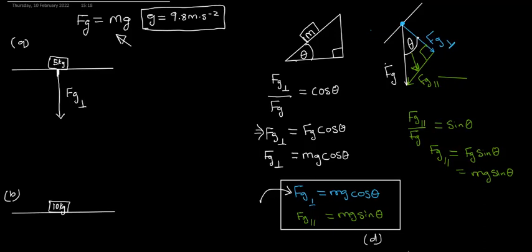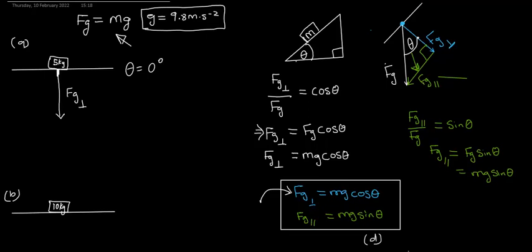Now, if we have that, we need to say, okay, what is the angle of incline? What is theta for that? It's a horizontal surface. So for every horizontal surface, theta is equal to 0 degrees.